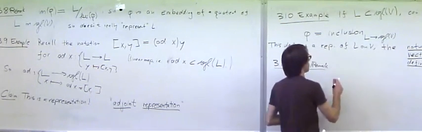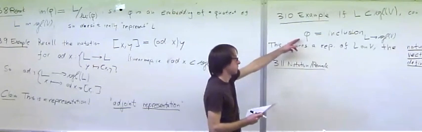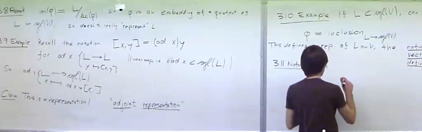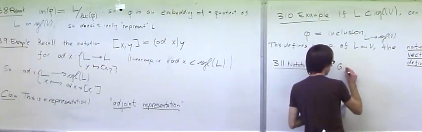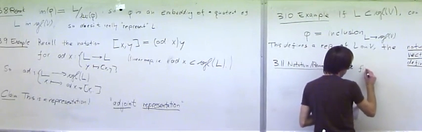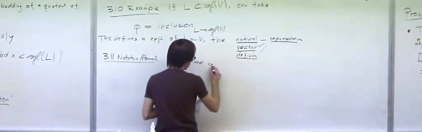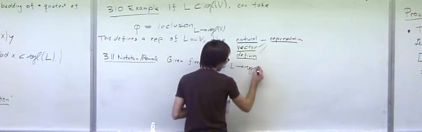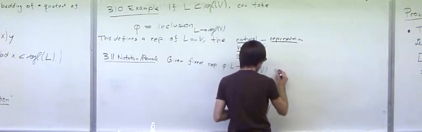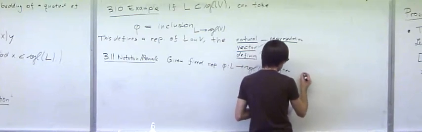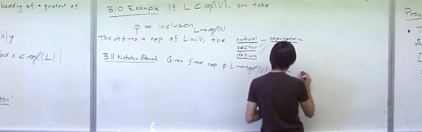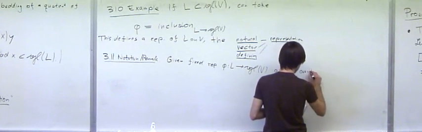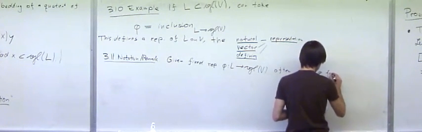And then it's somehow annoying always to have this map phi around, because it doesn't really enter the discussion. So if we study a fixed representation phi from a Lie algebra on some vector space V, it's usual to omit phi from the notation.